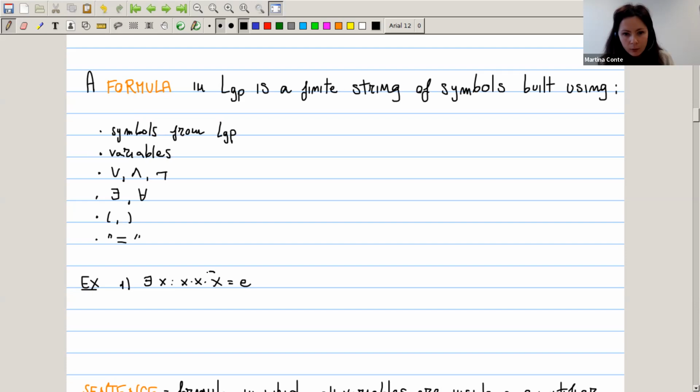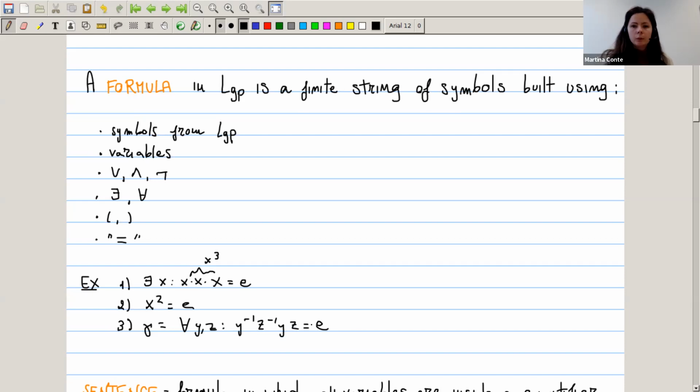From now on, we will simplify such notation and write just x to the third in such a situation. Another example might be x squared is equal to e. A final example, let me call it gamma, is the one that says for every y and z, the commutator of y and z is equal to the identity.